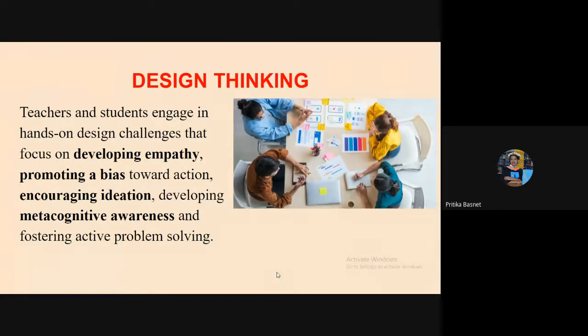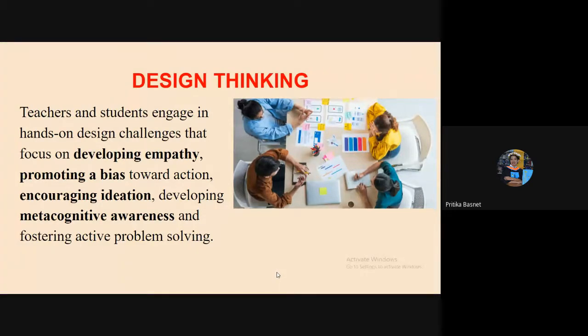Teachers and students engage in hands-on design challenges that focus on developing empathy. The main focus is, at first, to develop empathy in the teachers and the students. The first phase is developing empathy and promoting a bias towards action.